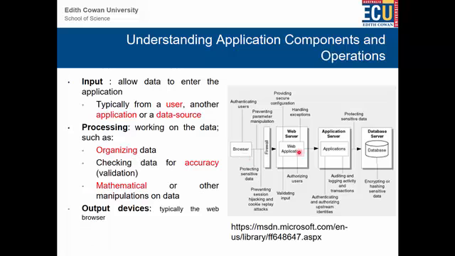So the web server is software that listens on certain ports, and it receives all the requests. It receives the request for certain web pages, and it looks at the extension of the web page that is being requested, whether it is HTML, or ASPX, which is ASP.NET, or PHP.